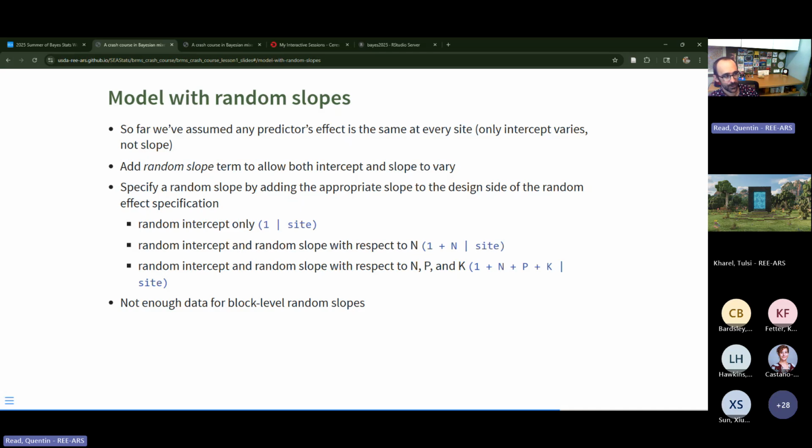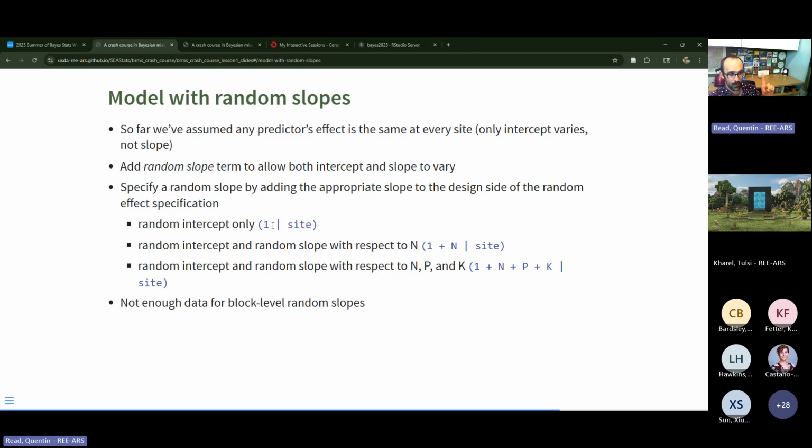We can add a random slope term as well to allow both the intercept and the slope to vary by site. So not only can the sites have different baselines, they can also have different relative differences between the treatments at each site. How do we write that in our syntax? We add it to the left-hand side, the design side of our random effect. So right now, our site random effect term has always been 1 | site.